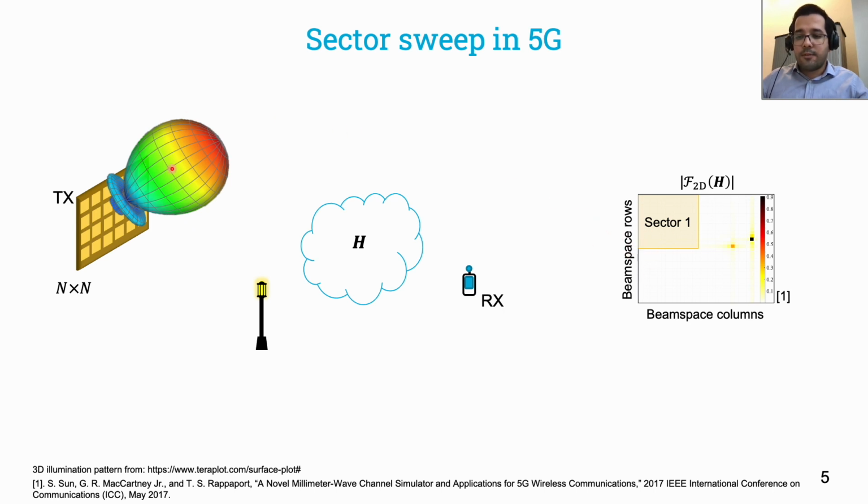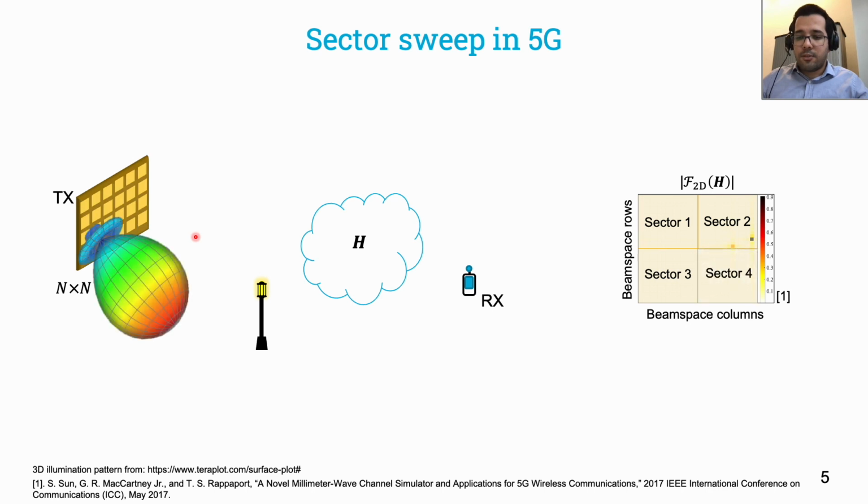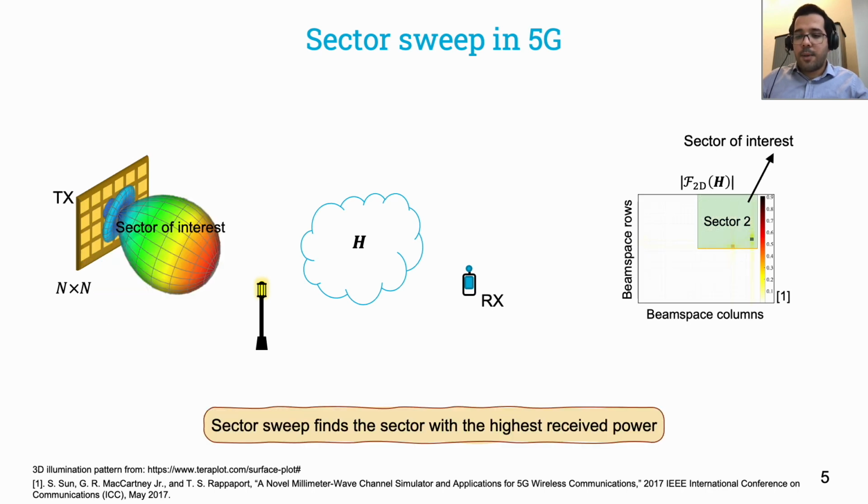And a code word that focuses in this sector to obtain a measurement within this sector has an illumination pattern shown on the left. So this procedure is repeated to obtain a measurement for each of the sectors, and finally the sector that has the highest received power is selected as the sector of interest.